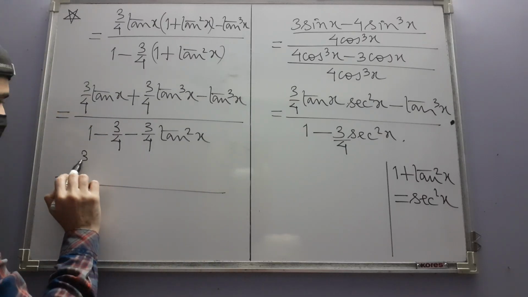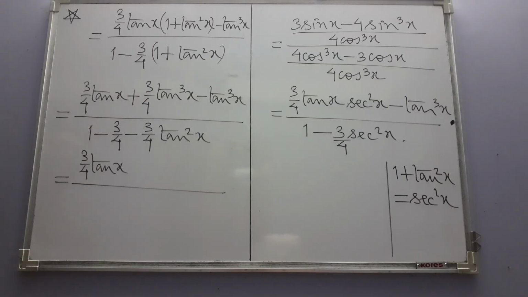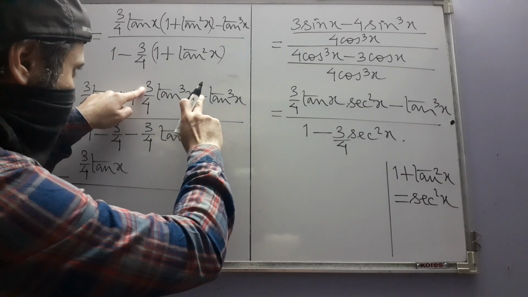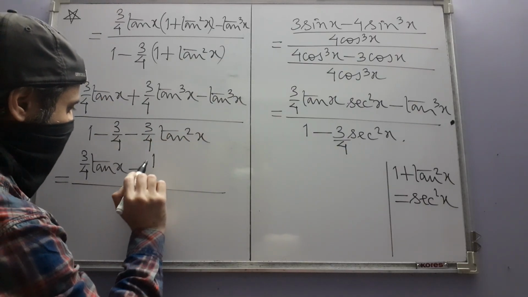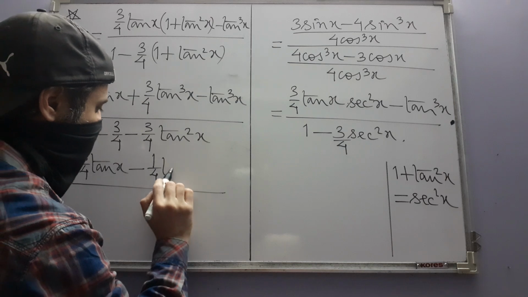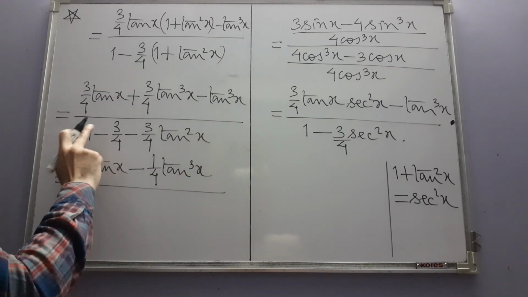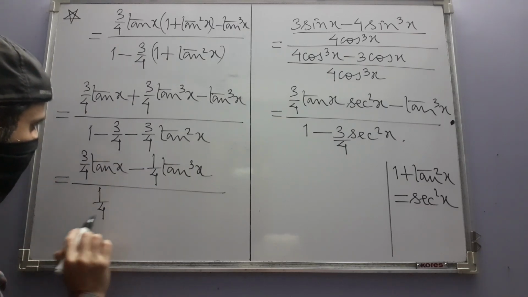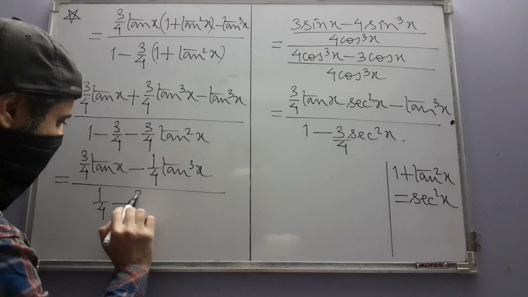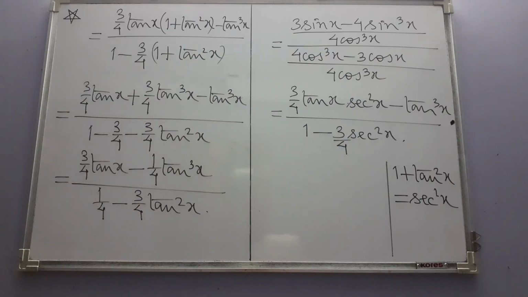Okay, so 3 over 4 tan x, plus 3 over 4 minus 1 is minus 1 over 4 tan cube x. Whereas 1 minus 3 over 4 is plus 1 over 4, minus, this one remains the same of course. Yeah, I think now it is coming, yes.